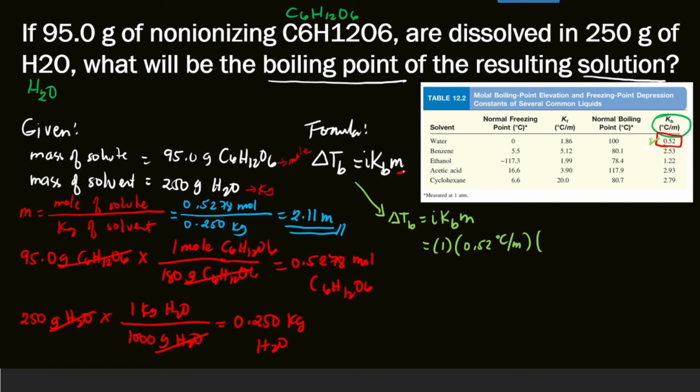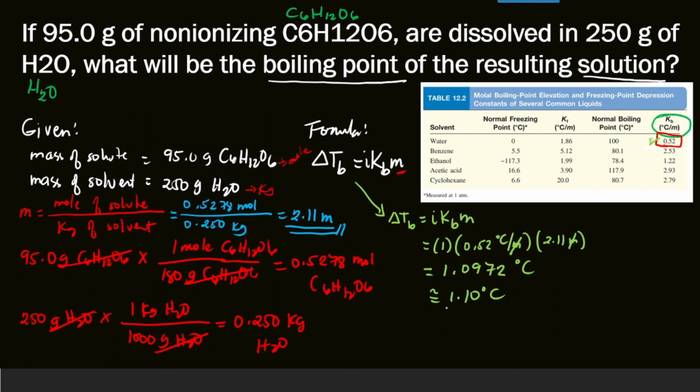Times molality, 2.11 m. Cancel the units. Solving 1 times 0.52 times 2.11, we get 1.0972 degrees Celsius, or we can just say 1.10.